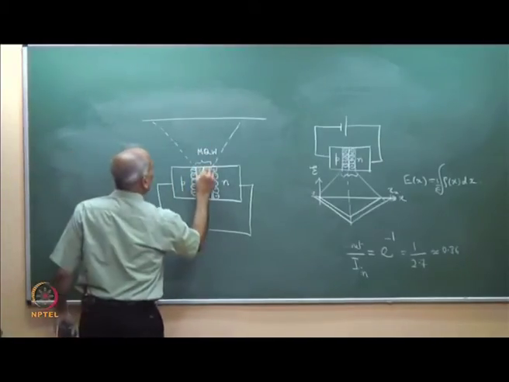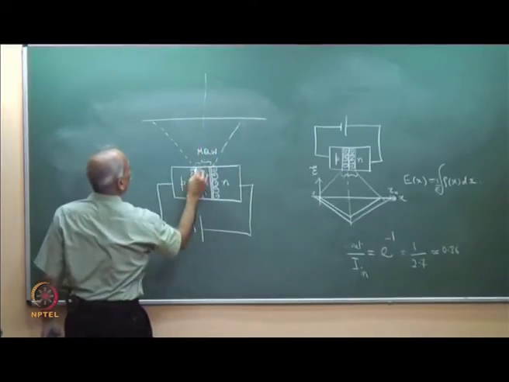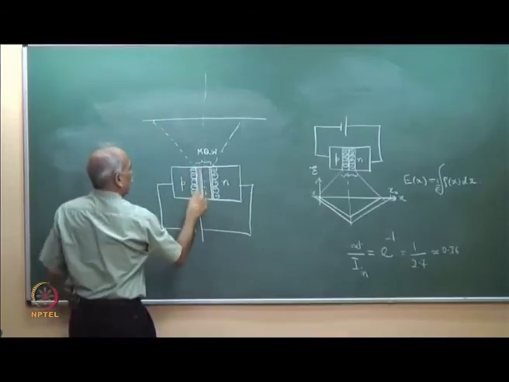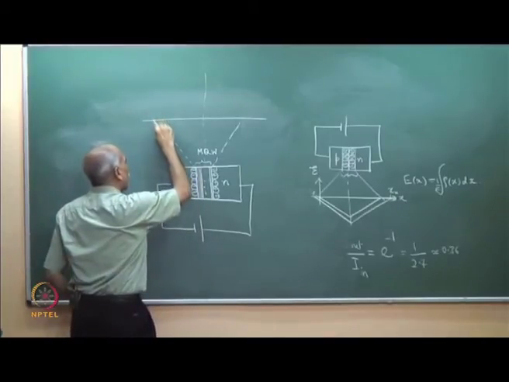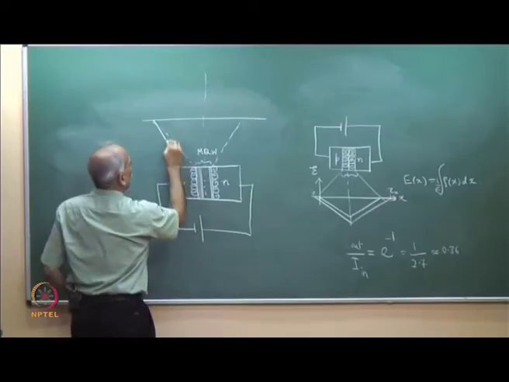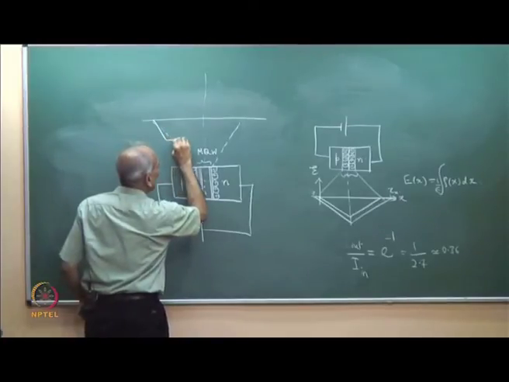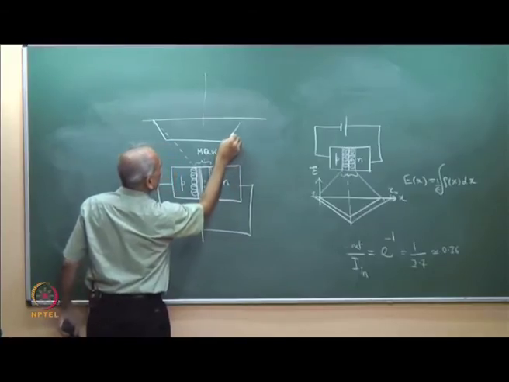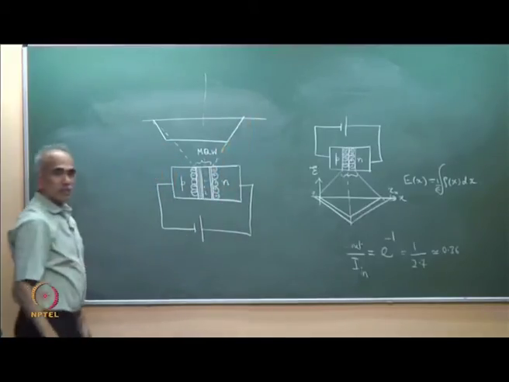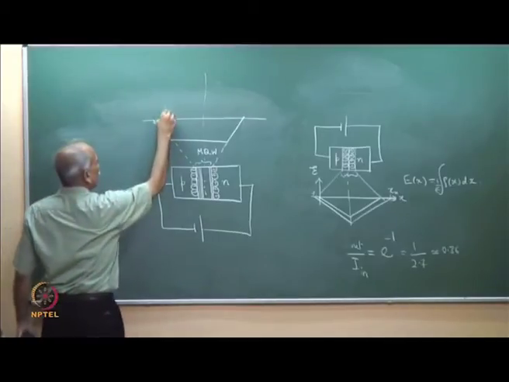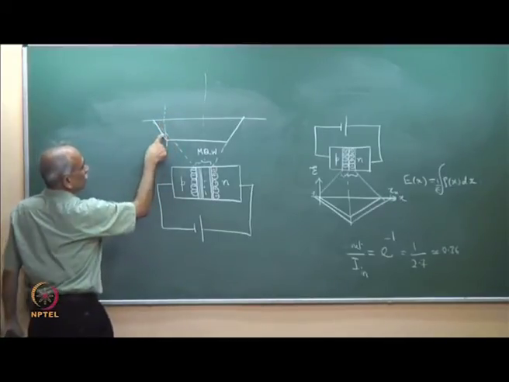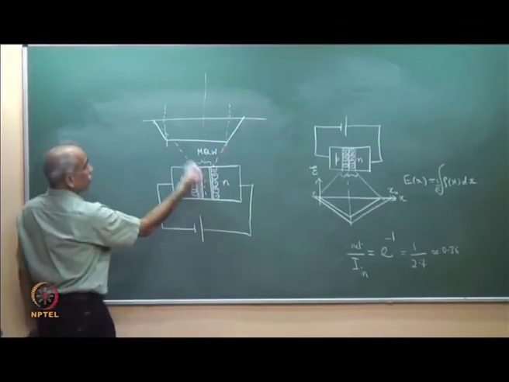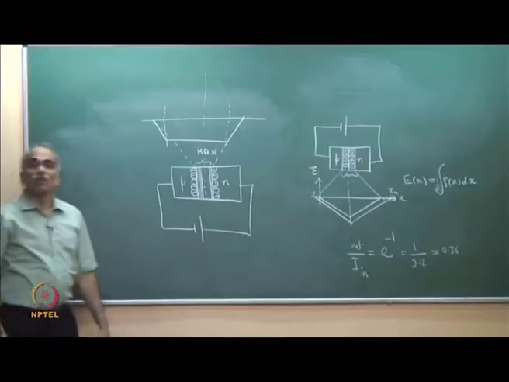Therefore, if you plot this, you will have the electric field varying rapidly like this, then approximately constant in the entire intrinsic region, and then dropping down like this. This is at the P and intrinsic junction, and this is at the N and intrinsic junction, and in the intrinsic region the electric field remains almost constant.